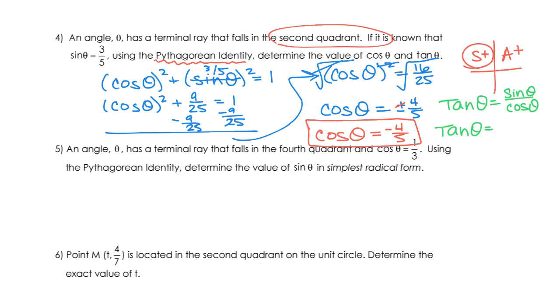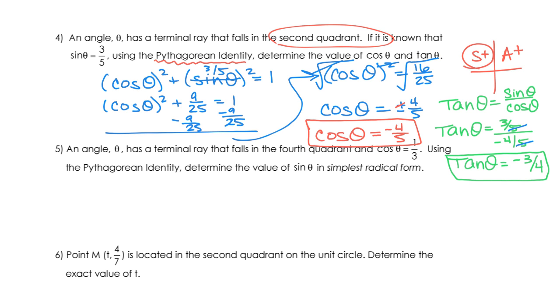Sine theta is the one that they gave us, which is 3/5, divided by cosine theta, which is negative 4/5. And hopefully you guys remember that the 5s on the bottom, if we do a keep change flip, would cancel. And we end up with tangent theta equal to a negative 3/4. And there's tangent theta. Okay.